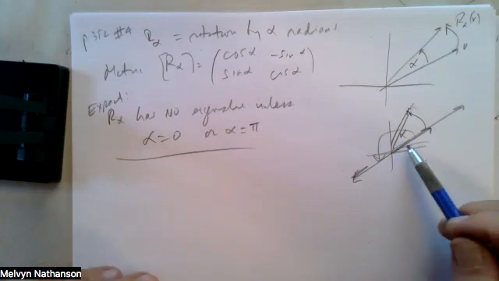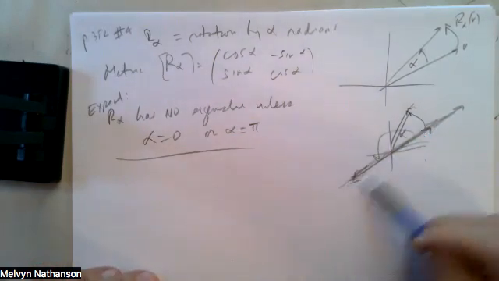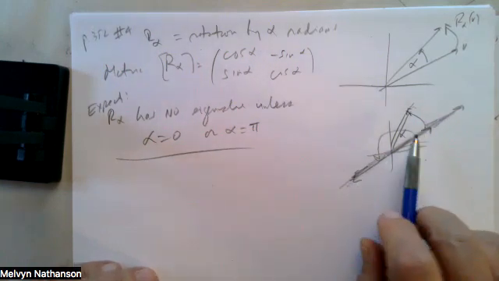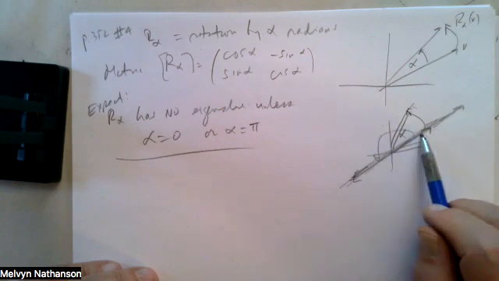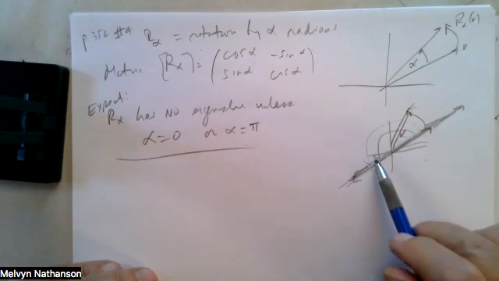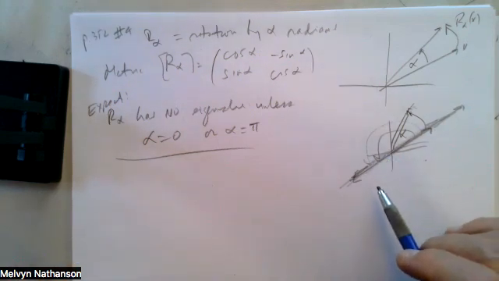Because eigenvector means you stretch the vector. The vector stays on the same line through the origin. If you rotate by other than 0 radians or pi radians, you won't have an eigenvector.